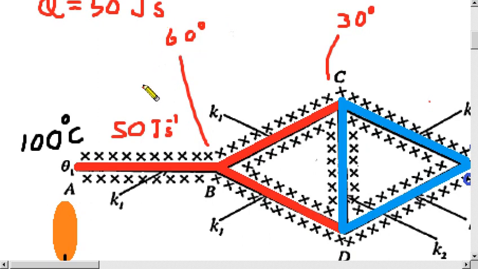So if the rate of heat flow leaving this junction is lower, suppose incoming rate is 50 and outgoing rate is suppose 40, then what happens? Heat is accumulating at this junction, so the temperature must increase.